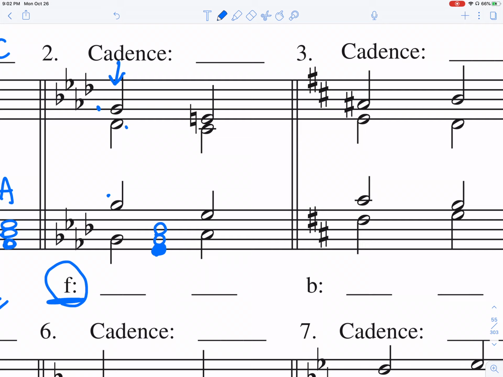So we are looking at a G diminished chord, right? Because it's G, B flat, and D flat. Oh, I'm sorry, it's minor, that gives you a diminished triad.